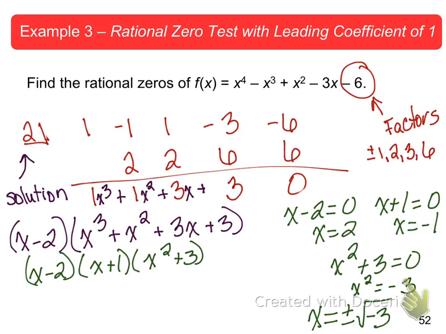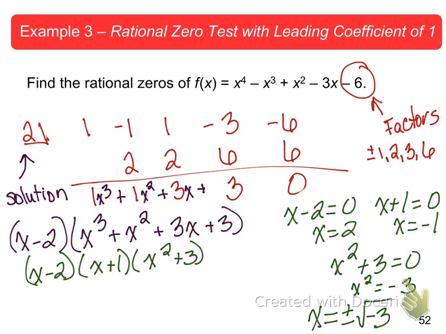Okay, so that right there, that's 2 solutions. I have positive i square root of 3 and negative i square root of 3. So you need to recognize this as 2 solutions and this as 2 solutions. Okay?